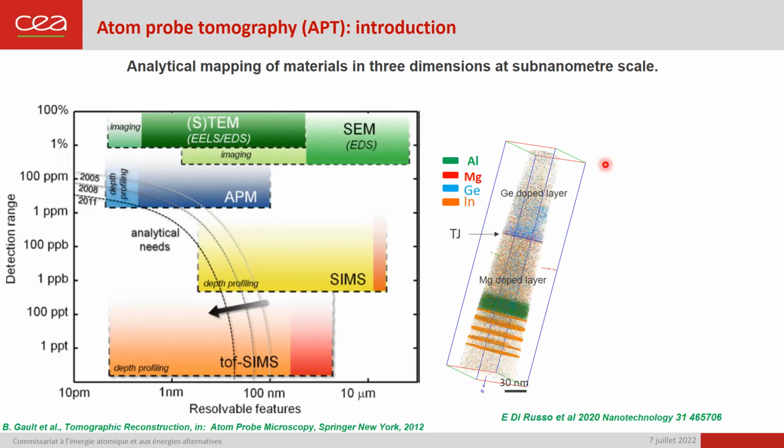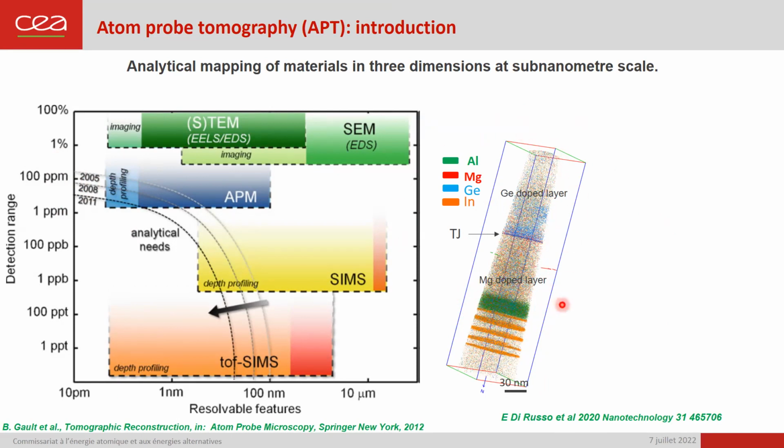This is an example of a 3D atom probe tomography analysis of an LED structure with a tunnel junction in the GaN top layer and with InGaN quantum well layers as optical active area. Note on this reconstruction, one point is one atom.